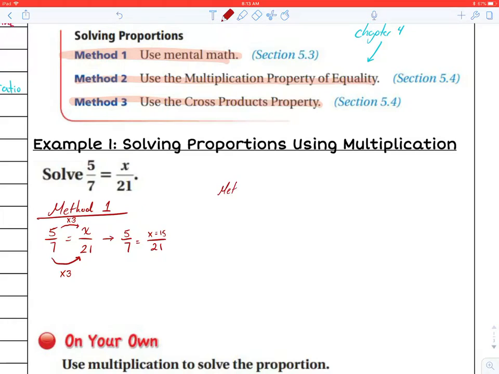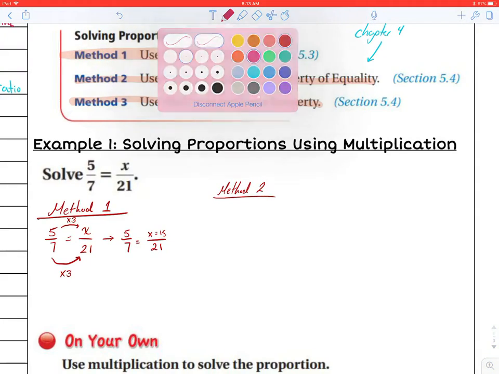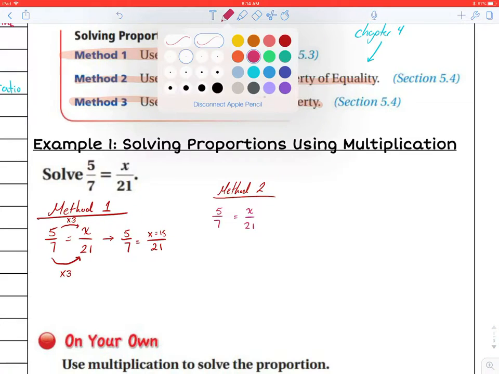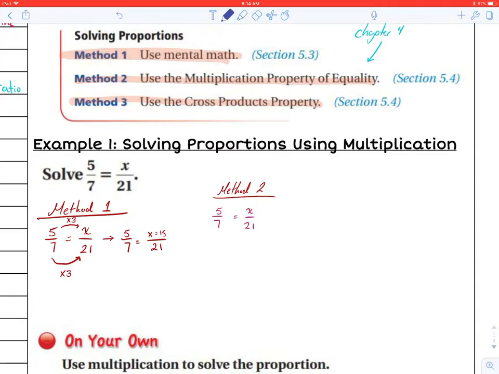Method 2. For method 2, it asks us to use the multiplication property of equality. So 5 is to 7 as x is to 21. We already know x is equal to 15 because we just solved it in method 1. But the way we would use the multiplication property of equality is that we would solve for x by multiplying both sides by the denominator that is attached to the x.